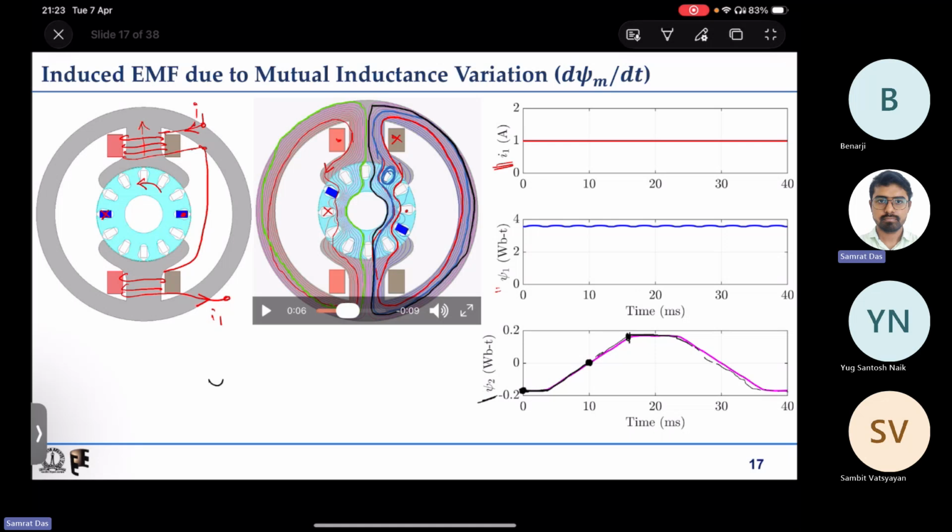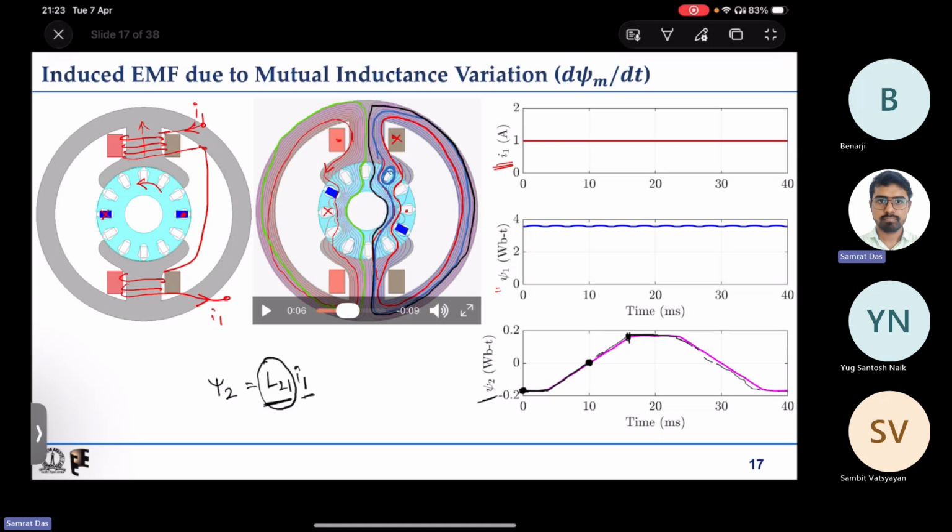And what is psi 2? Psi 2 is nothing but L21 into I1. I1 is constant, so that means this L21, the mutual inductance between the second coil and the first coil, is changing because psi 2 is changing and I1 is constant.